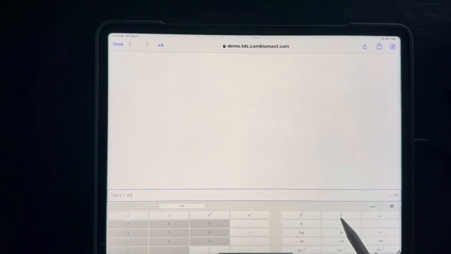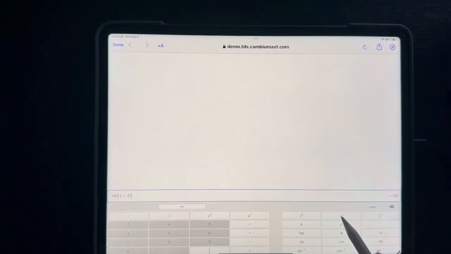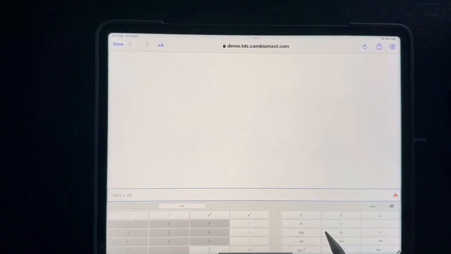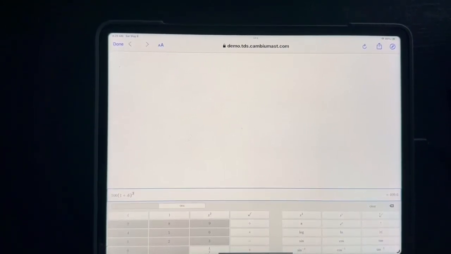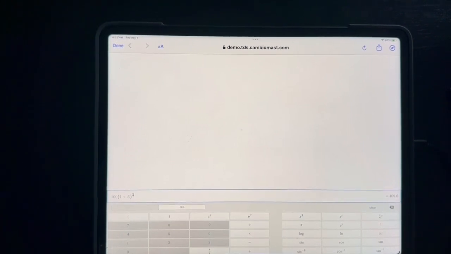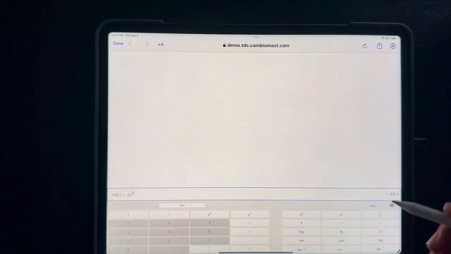Parentheses. And then now I need the raised button. So that's my x to the y button right here. Click that, to the what power? 3. Boom. What's this here? 409.6. All right, 409.6.